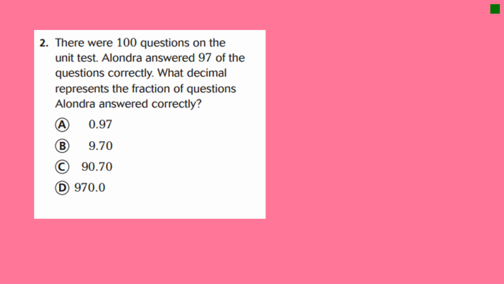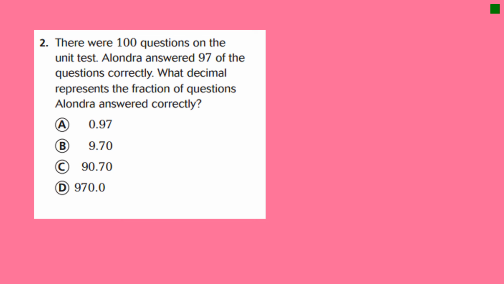All right, so this is at the top of the next page, number 2 in the lesson check. There were 100 questions on the unit test. Alondra answered 97 of the questions correctly. Nice job, Alondra. What decimal represents the fraction of questions Alondra answered correctly?